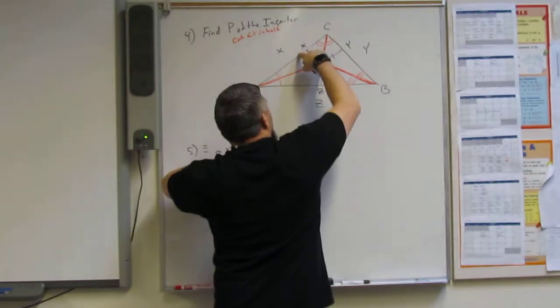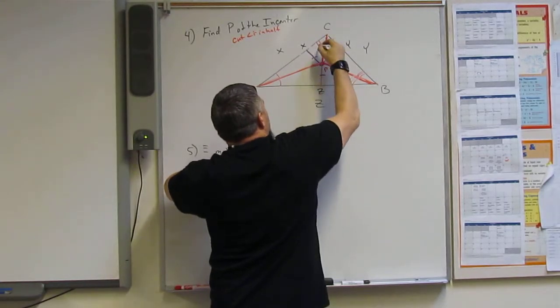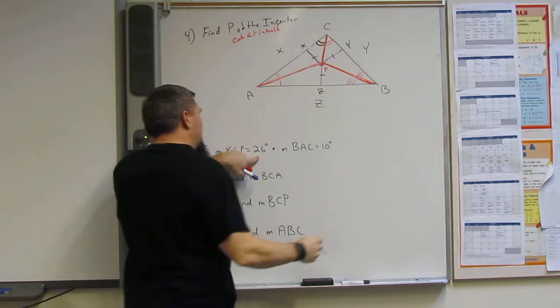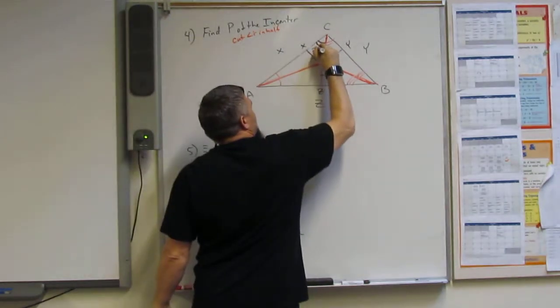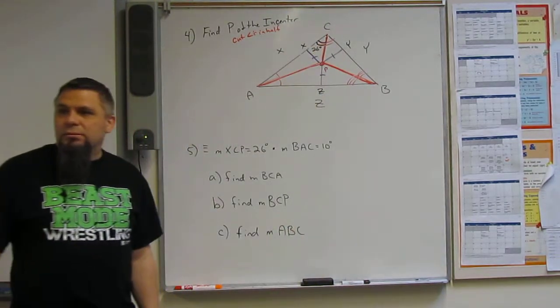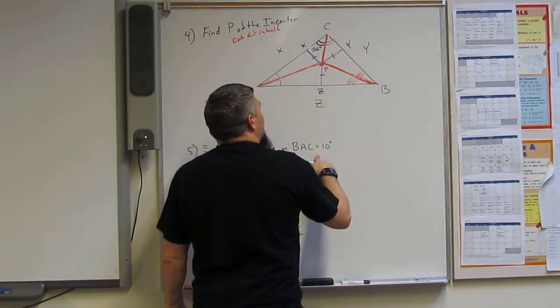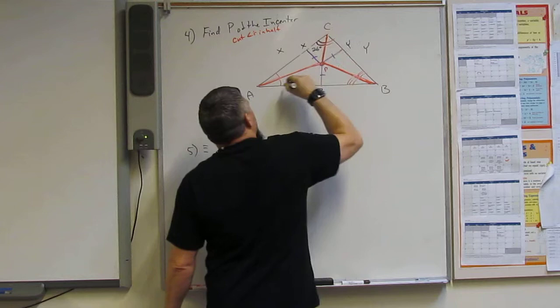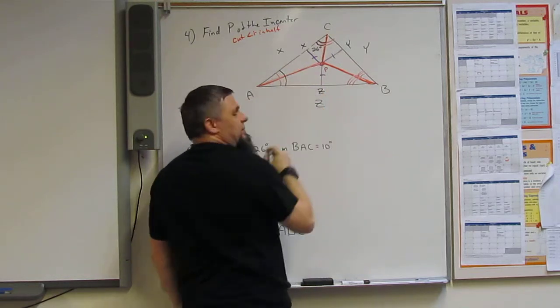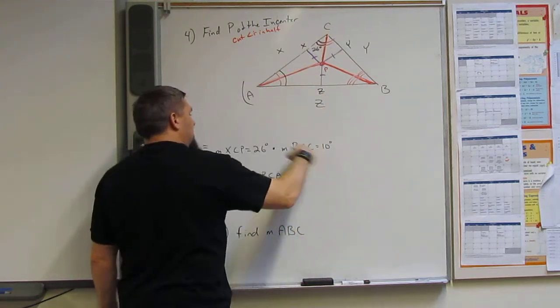XCP, that means this guy right here is 26. BAC, that's this whole guy right here. Well, that is 10.